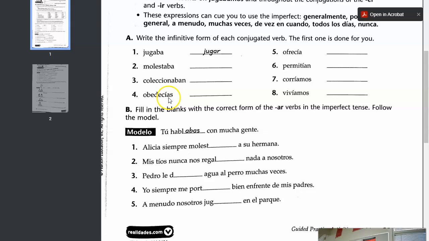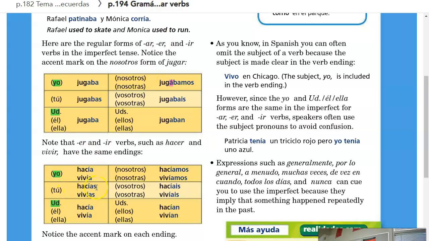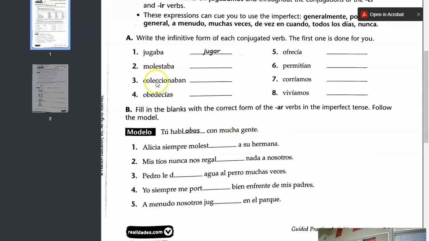And I know it's an ER or IR ending based on the ES ending, right? It's an ER or IR ending. But is it an ER verb or an IR verb? Well, you just got to play around a little bit. So we're going to take off the es ending, right? And we're going to put er instead.